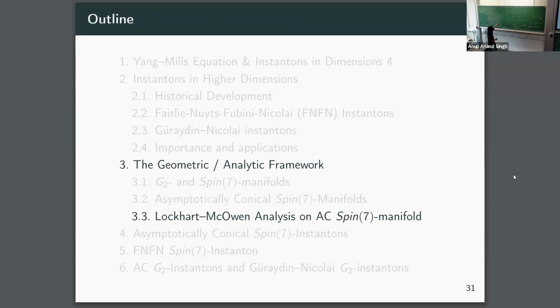So this compact set you removed, that's a point. Now you add that point to R8 minus 0 and you get your whole R8. So R8 is an asymptotically conical Spin 7 manifold where your link is S7. So I can see a framework emerging. This theory of asymptotically conical manifolds, at least for the manifold part, R8 surely fits into this.